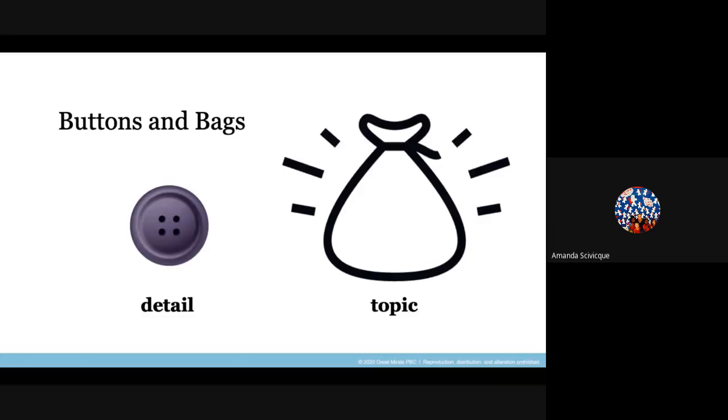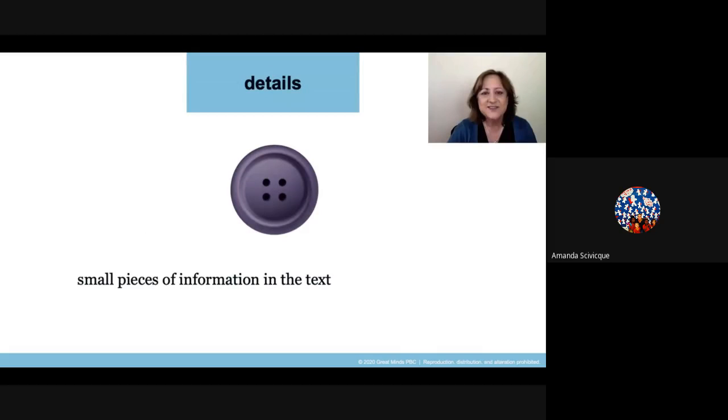The bag will represent the topic that holds all the details together. Whenever we hear a detail, we can pretend to drop a button into the bag. Details are just like buttons because they are small pieces of information. As we begin to read closely, we'll start to gather some of those details together.